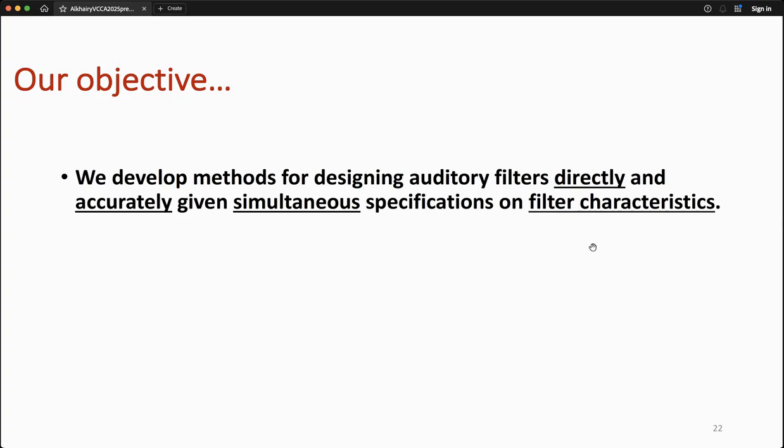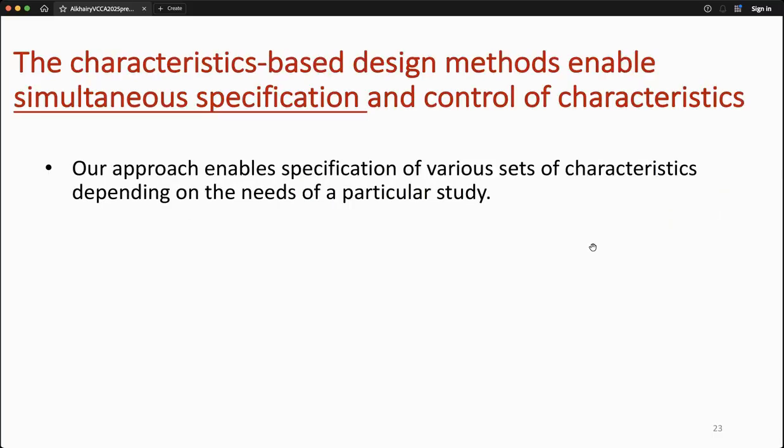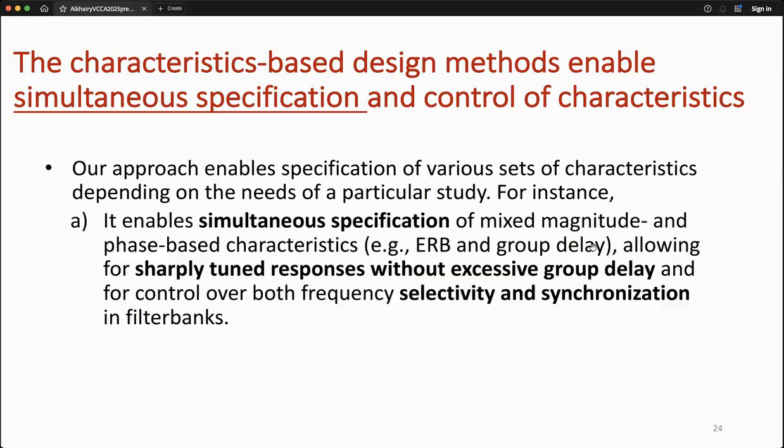And a natural question comes, what combination of filter characteristics should we use? And the answer is it really depends on what we're designing the auditory filters for. So for instance, if we are interested in designing auditory filters that are sharply tuned but with limited group delay, or if we're interested in specifying and controlling the frequency selectivity and synchronization across filters in a filter bank, it makes sense for us to dictate a magnitude-based characteristic and a phase-based filter characteristic, like the combination of the equivalent rectangular bandwidth and group delay at the peak.